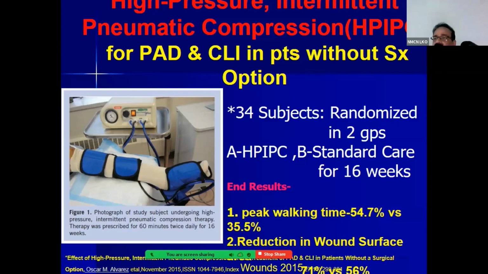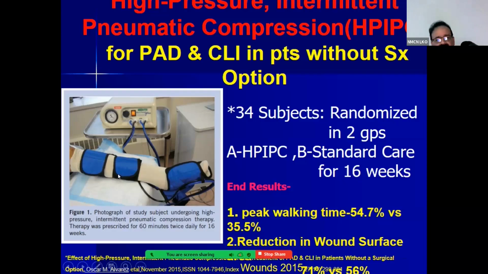Sometimes there is a patient in whom you cannot do angioplasty or bypass. The anatomy of the lower limb arteries is such that you can't do either of the two. Or the patient has a renal problem, so angioplasty cannot be done. Or the patient cannot tolerate or afford bypass surgery or angioplasty. Then we can go for these high pressure pneumatic compression devices.